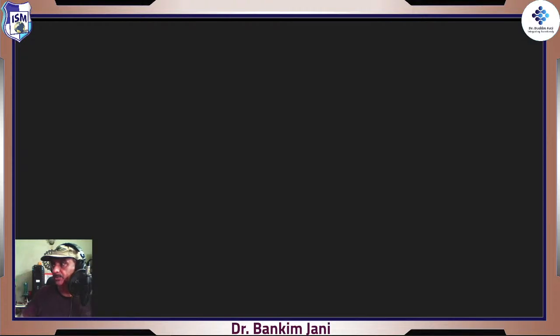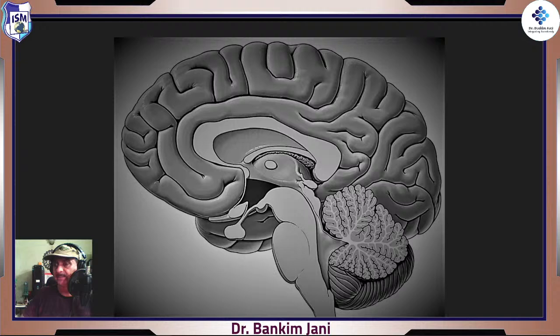Okay, so let's start with this figure, and let me freeze this figure so that you get it in your notes also. All right, done. So here is the hypothalamus.